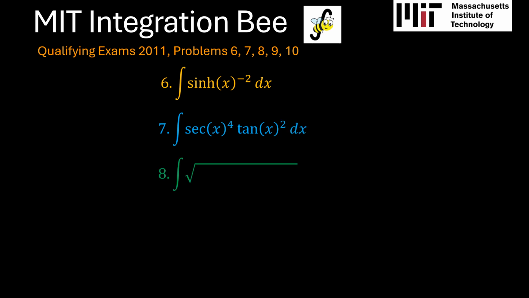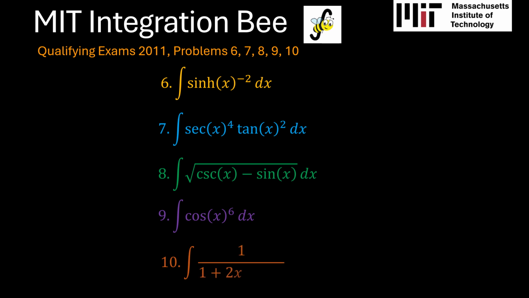Problem 8 is the indefinite integral of the square root of cosecant x minus sine x. And problem 9 is the indefinite integral of cosine x to the power 6. Problem 10 is the indefinite integral of 1 over 1 plus 2x squared plus x to the power 4.